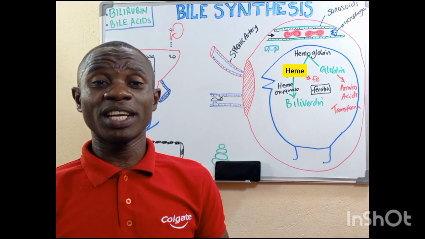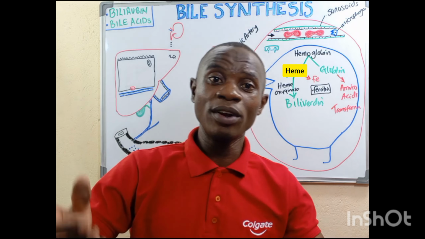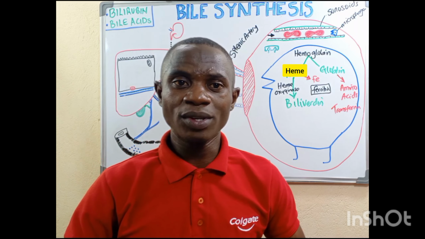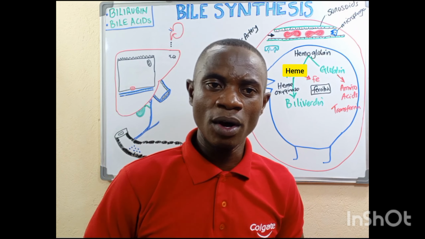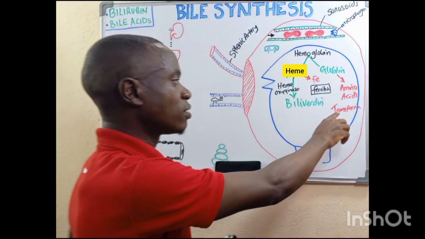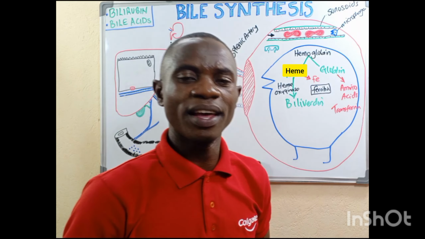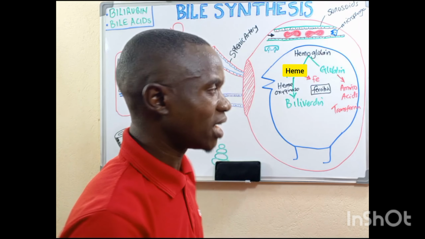For example, it's going to be taken to the bone marrow, and in the bone marrow it can be used in the production of heme, because heme contains iron. So the transferrin can transfer iron to other areas where it is so important for use.